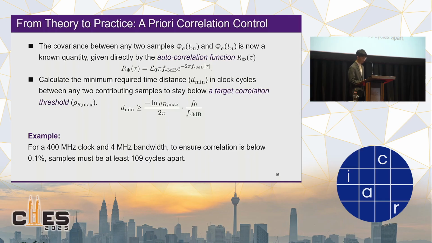For instance, the correlation must be below 0.1%, and he can use the function to calculate the minimum time lag between them, to ensure that the outputs are rather independent. This process can be entirely accomplished in software before any hardware is synthesized. So it can transform the PLL-TRNG design into a predictable engineering discipline.